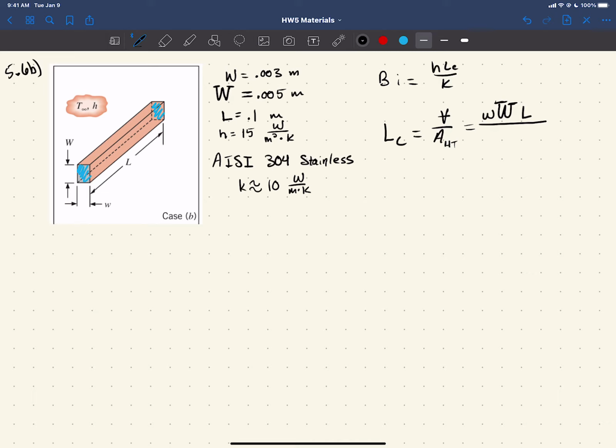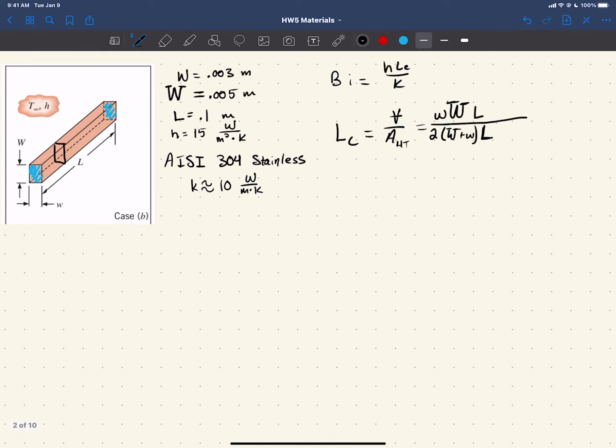So the surface area of the long portion, not including the ends, is going to be the perimeter of the cross section. So that's 2 times big W plus little w, right? That gets you that length there, and then that whole thing times L gets you the surface area of that portion.